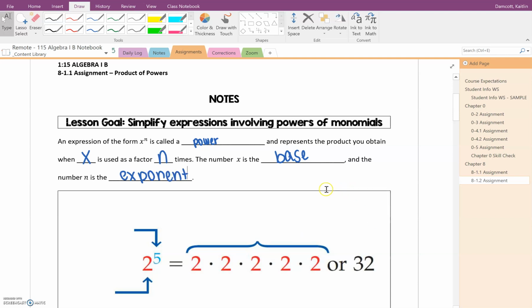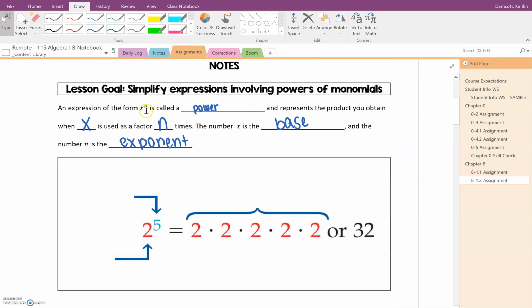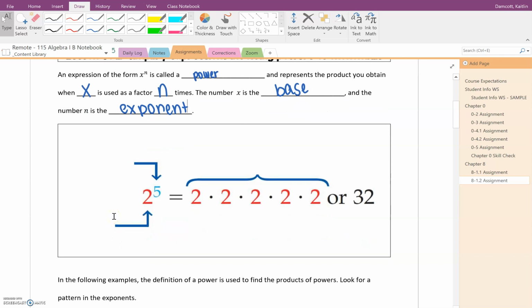So here is an example in this box where your x is 2, your n is 5, and this is kind of what that means for us. Just to review what we just said, the 2 is the base, the 5 is the exponent, and when you have 2 to the 5th, it means that you're going to have 5 factors of 2.